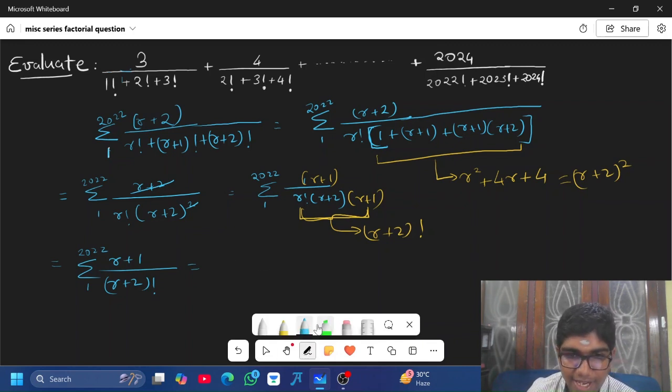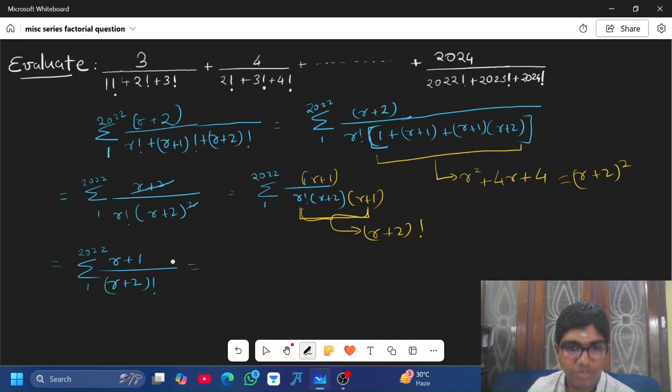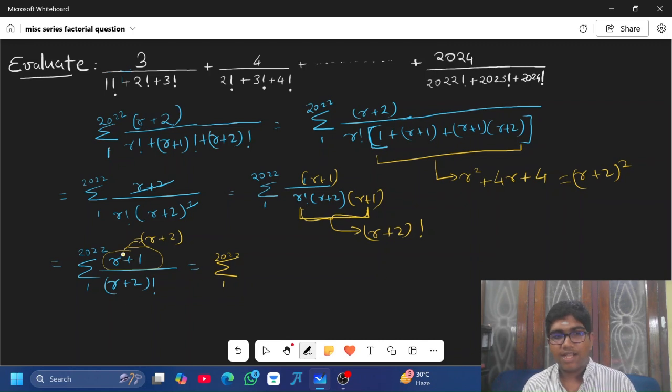One minute, I'll write this step in yellow. Sigma 1 to 2022, with r plus 2 factorial in the denominator. Now, you should create in the numerator terms starting from r plus 2 going backwards, like r plus 2, r plus 1, r, r minus 1, and so on.